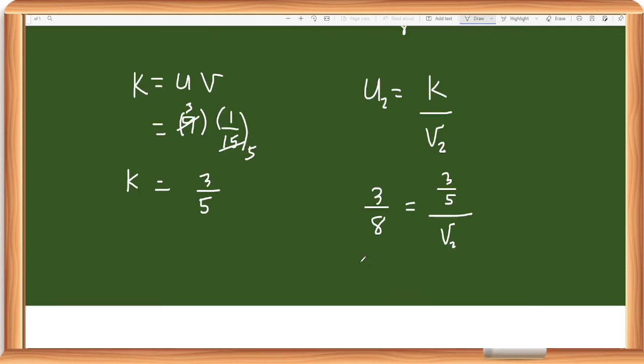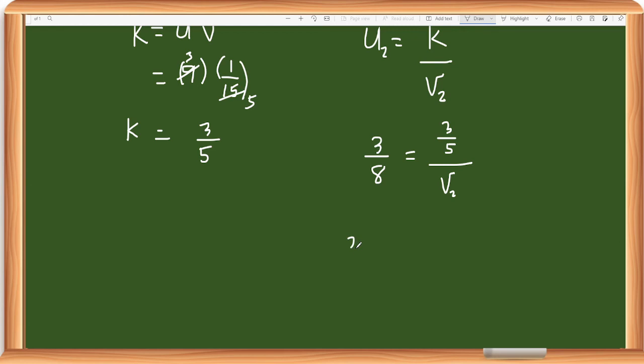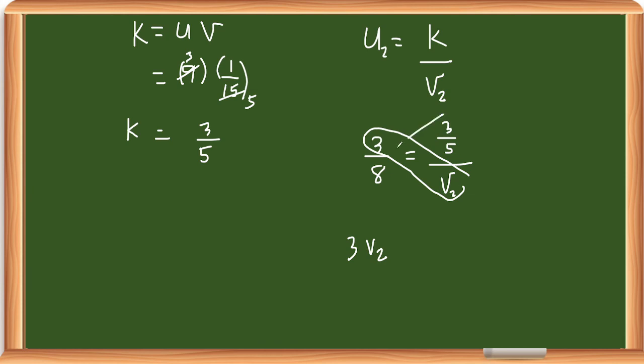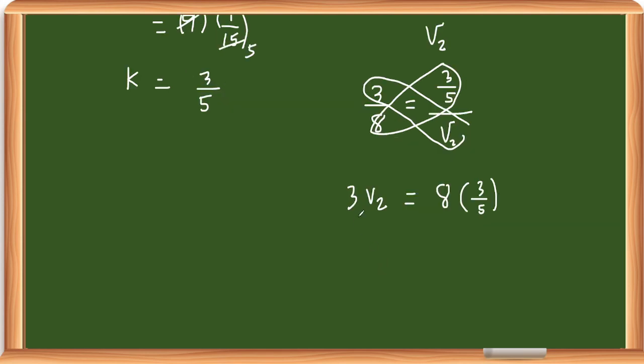So, cross-multiply natin ngayon. This is 3 times v sub 2. Cross-multiply natin yan. And then, cross-multiply din natin to, no? Is equal to 8 times 3 over 5. Okay. Since may kasama pa rin yung v sub 2, we have to divide both sides by 3.